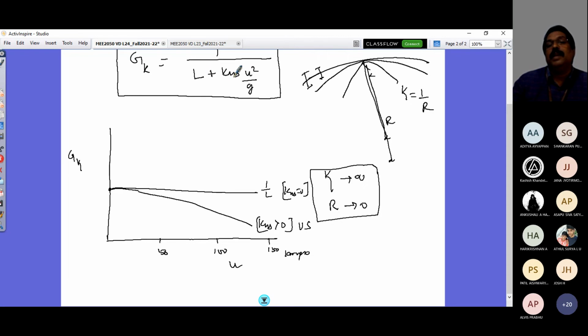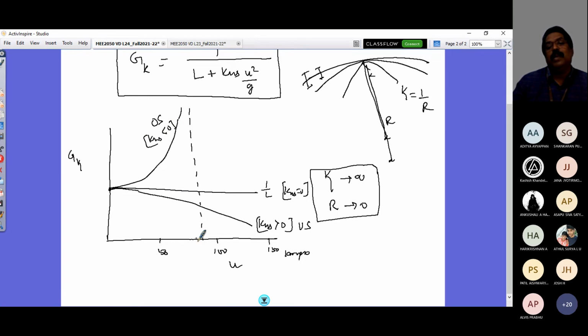And as the denominator decreases, the gain value increases. So the gain value would increase like that, and it will reach infinity when it is reaching the critical speed. So this is the oversteer tendency where KUS is less than 0, right? So this is how you would have your variation.